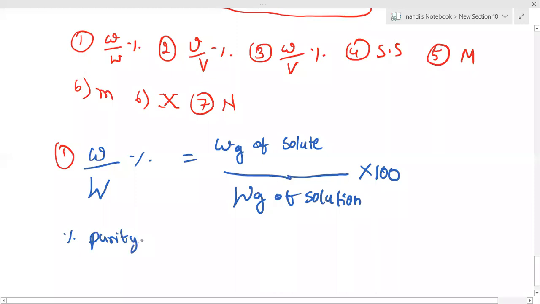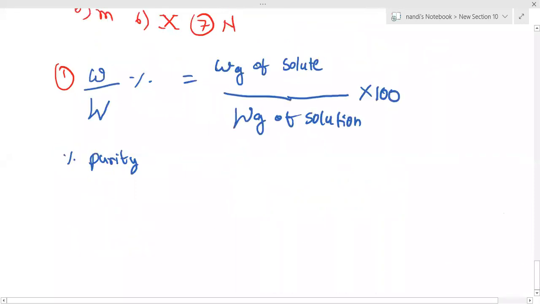When you're solving 11th standard problems, it may be useful for you. I'm giving an example of what is the meaning of everything. So W grams of solute dissolved in 100 grams of solution. For example here, you have to write the meaning. 15 W by W% of KOH.